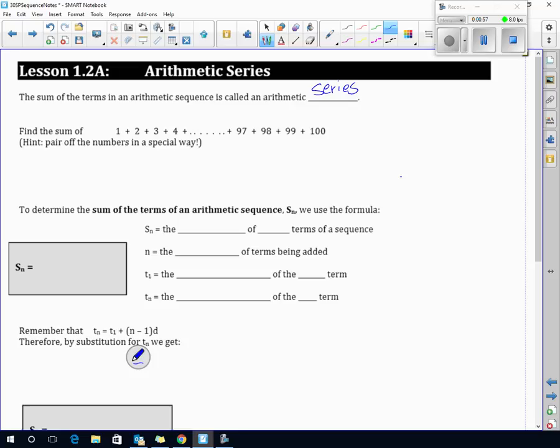Pair off the numbers in a special way. Okay, so yes. So 1 to the 99, 2 to the 98, 3 to the 97. Okay, so how many would we have of those?